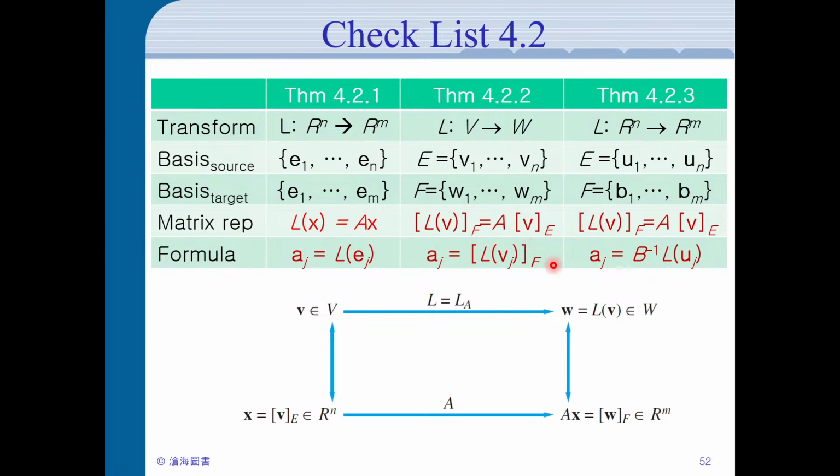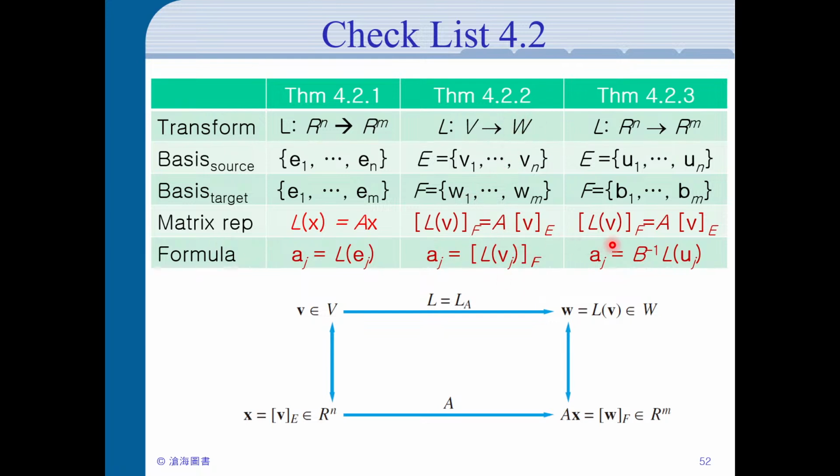You just find out how the coordinates get mapped by the matrix A. Once again, to find the columns of A: the jth column of A is obtained by mapping the jth basis element of E, which becomes some vector inside W, and then finding the coordinates of that vector inside W.